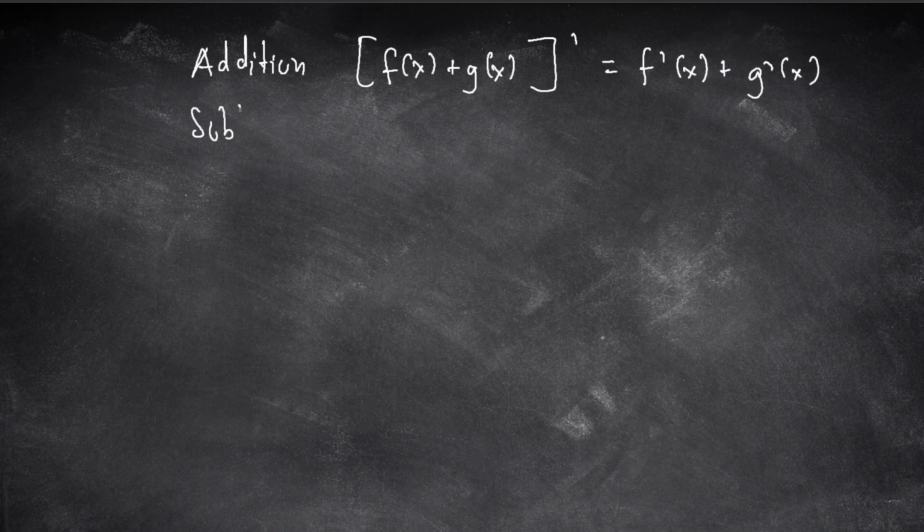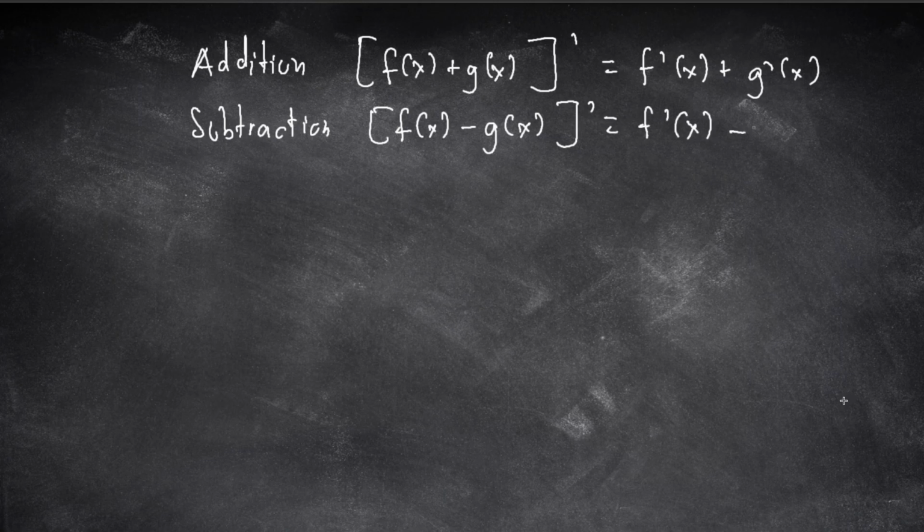And that's the same case for subtraction. So if you have a function minus another function, take the derivative, then we're going to have the derivative of one of them minus the derivative of the other. So the derivative of the things put together is just the derivative of each of them separately.